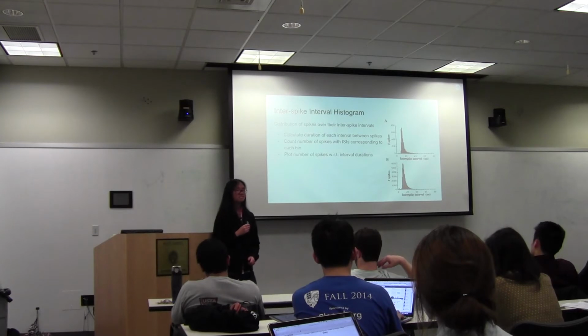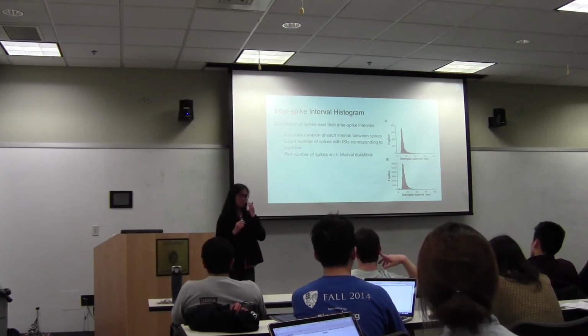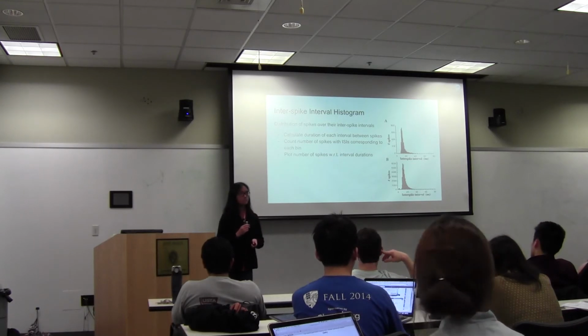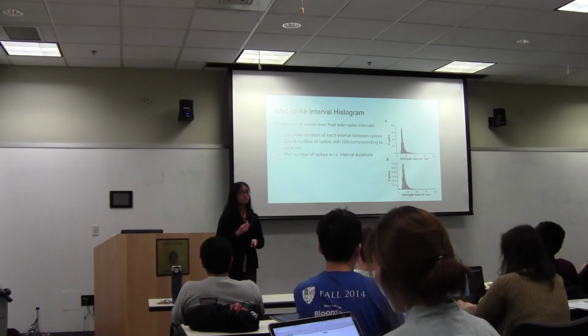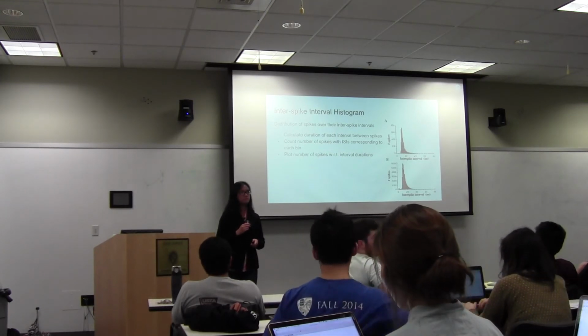Just to clarify a little bit, instead of saying number of spikes, is that the number of periods that are of this certain length? Are those good equivalent statements?